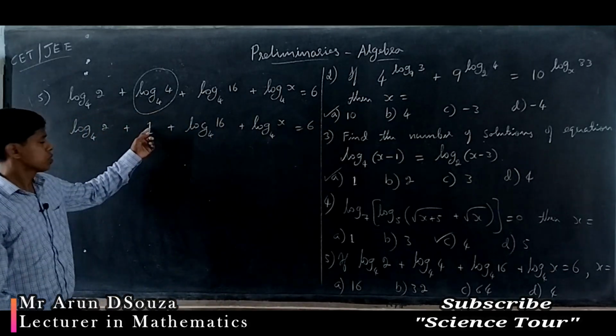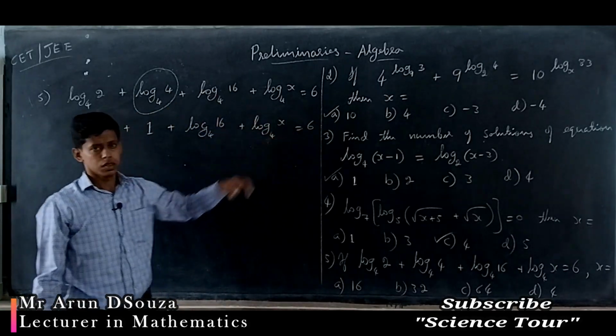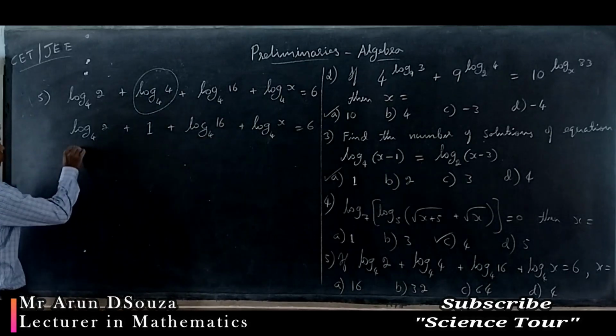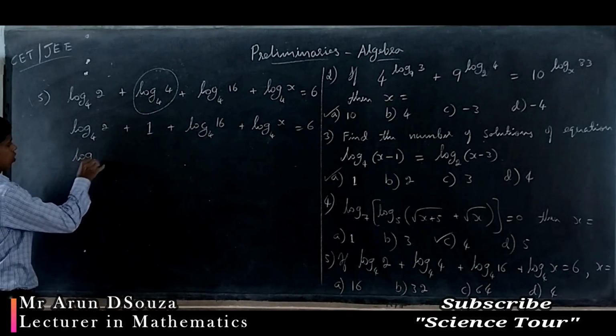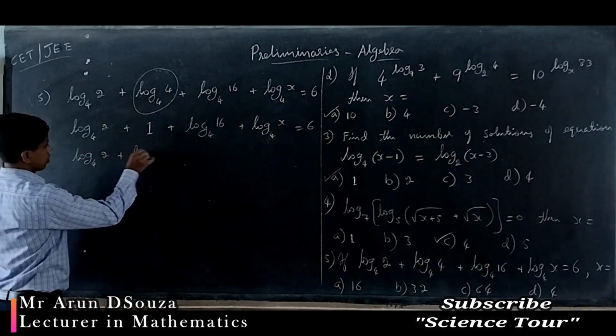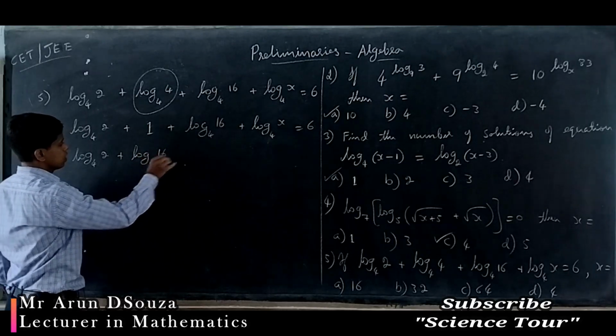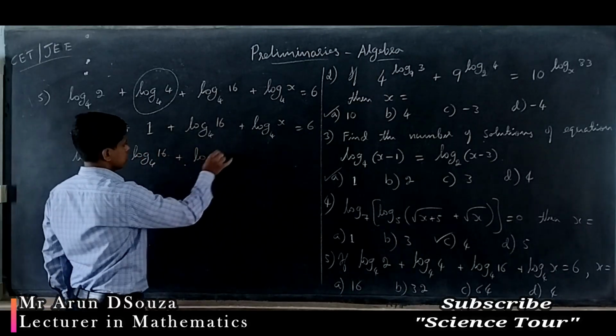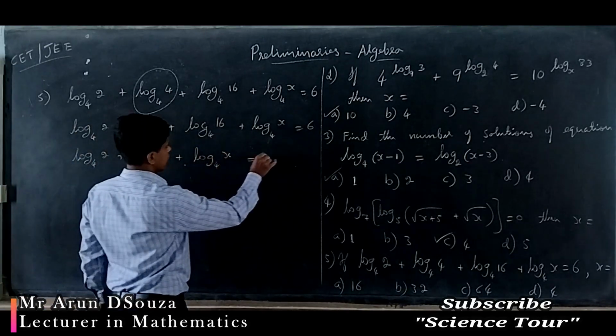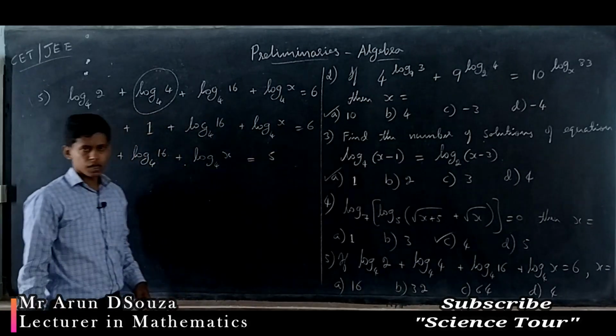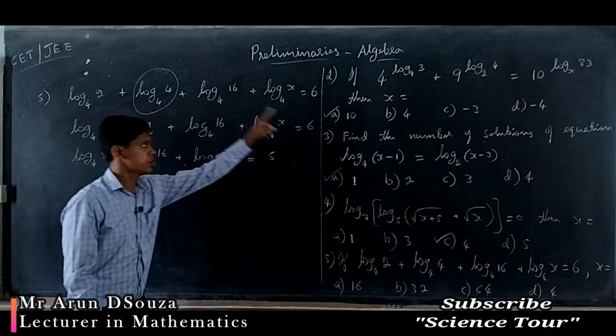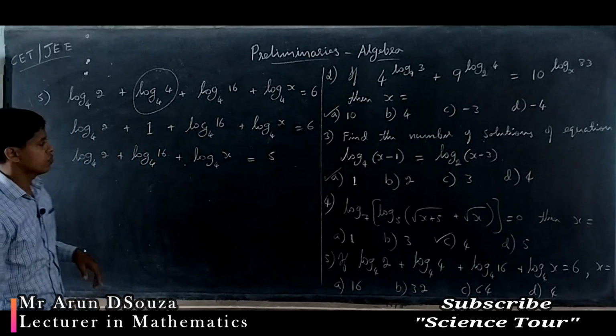Well, now this 1 becomes minus 1 on that side. So I am left with log 2 plus log 16 plus log x to the base 4, and that is equal to 6 minus 1. I hope you understood. That becomes minus 1. So 6 minus 1 is 5.